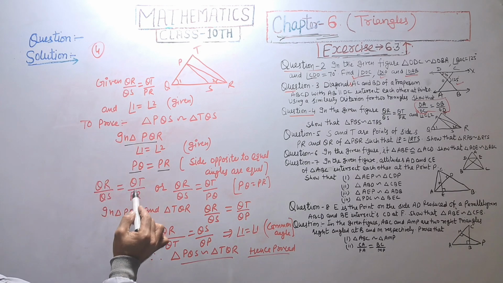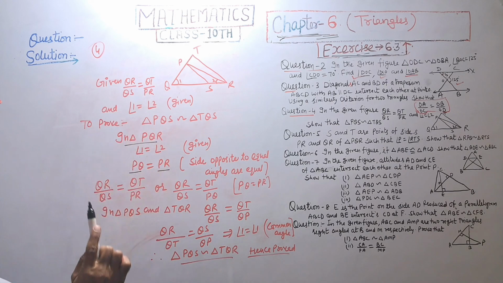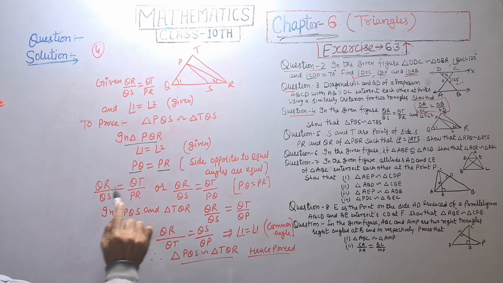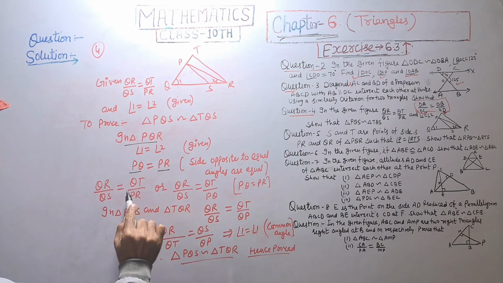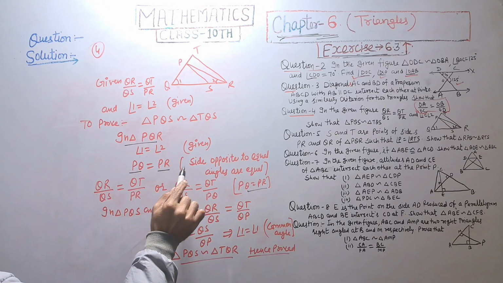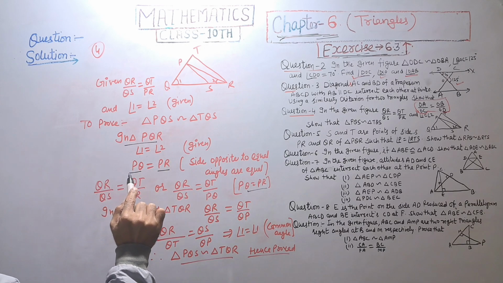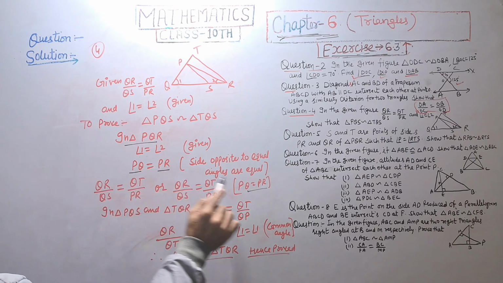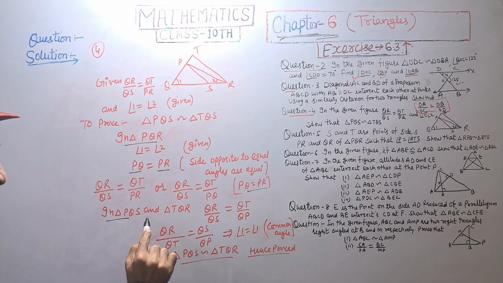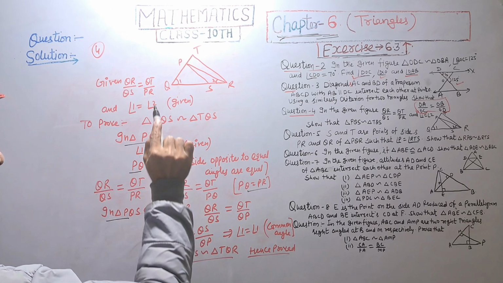It's given that QR upon QS is equal to QT upon PR, equal to PQ. Sides opposite to equal angles are equal, so PR is equal to PQ, in triangle PQS and the other triangle TQR.